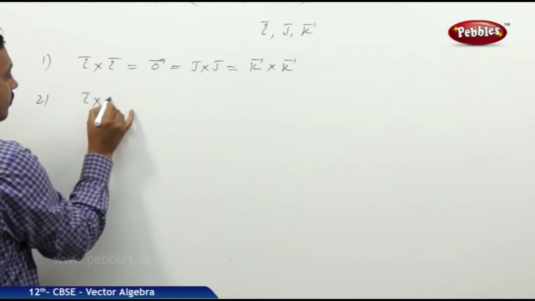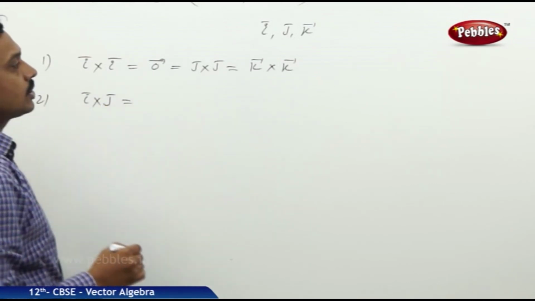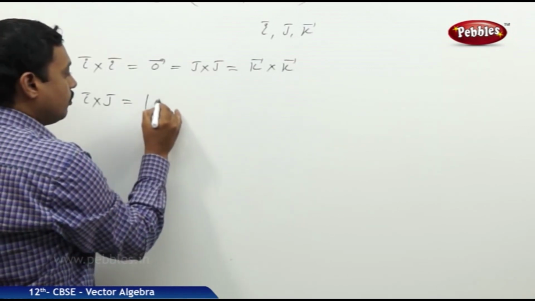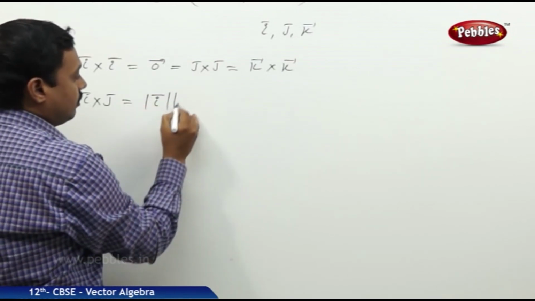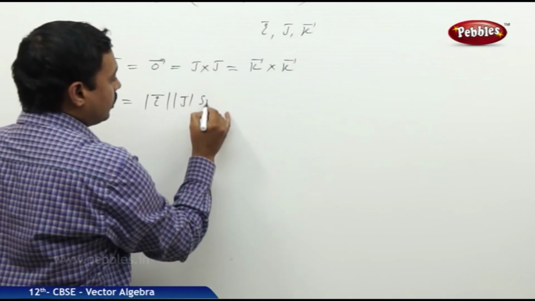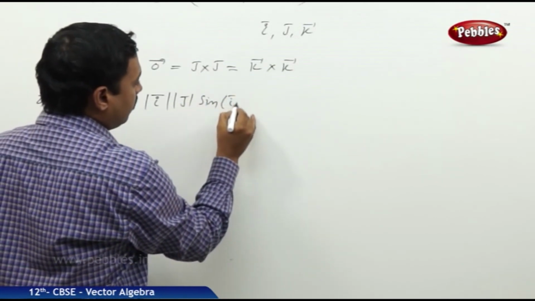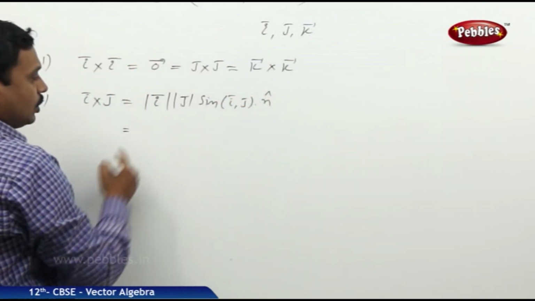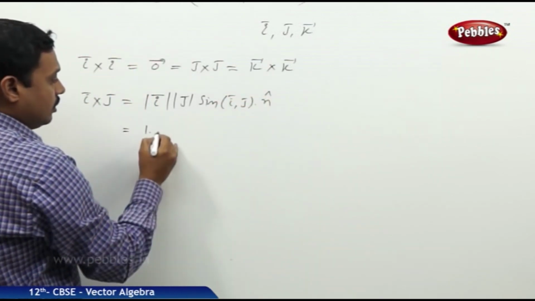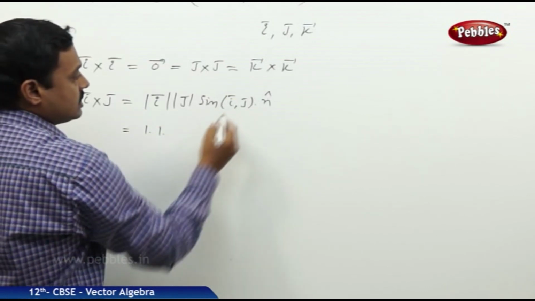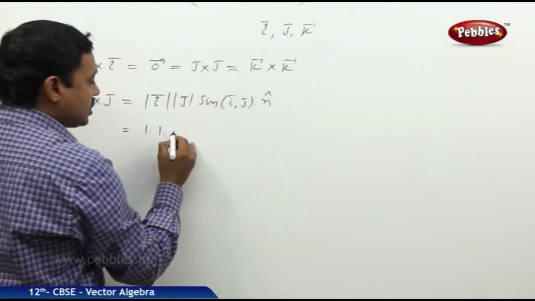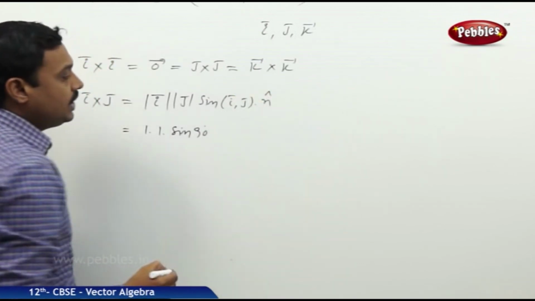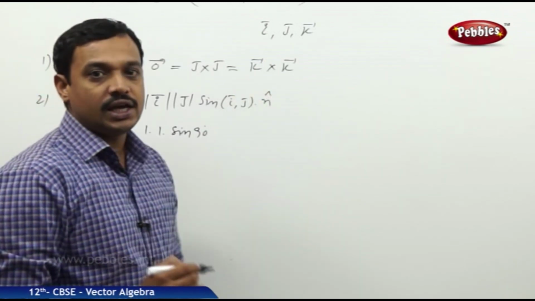I cross j. What is the cross product of I with j? I cross j is equal to, by the definition, mod I into mod j into sine of the angle between I comma j into the unit vector perpendicular to them. So, modulus of I is 1, modulus of j is 1, sine of the angle between I comma j is sine 90 degrees, into the unit vector perpendicular to I and j.